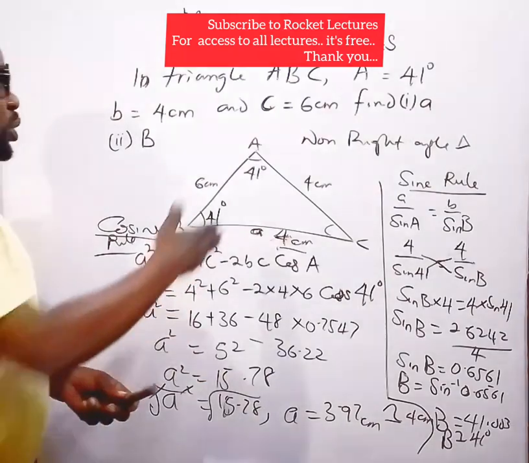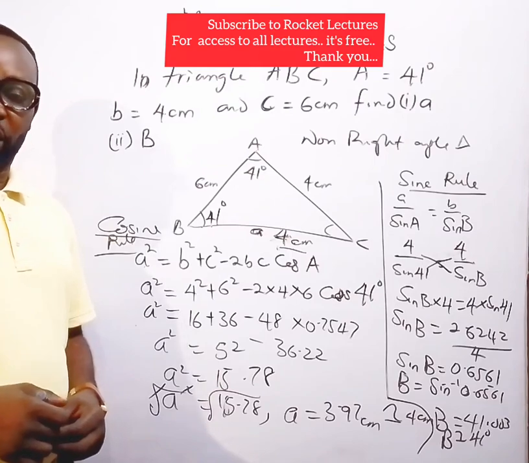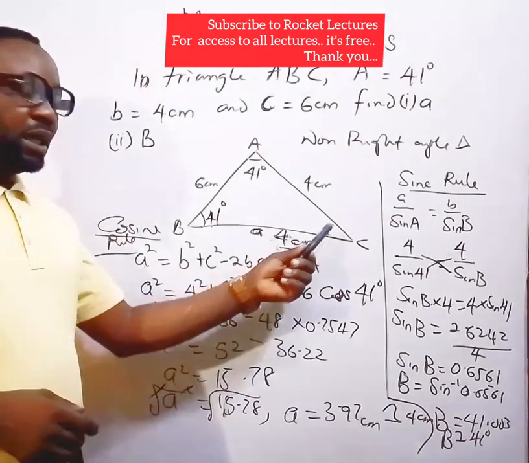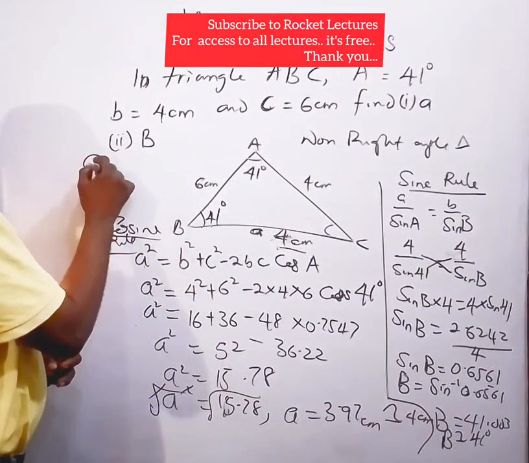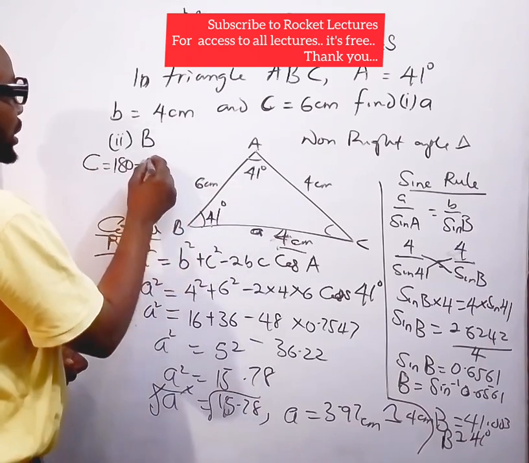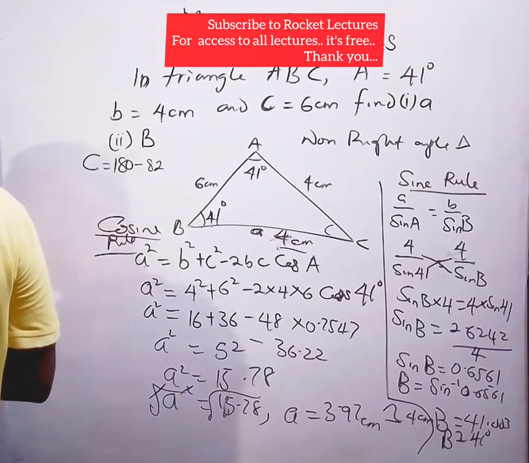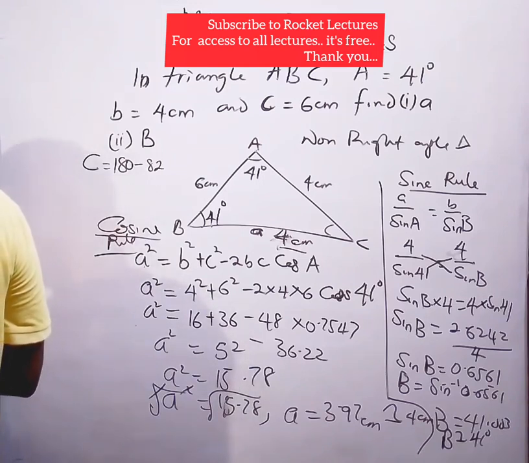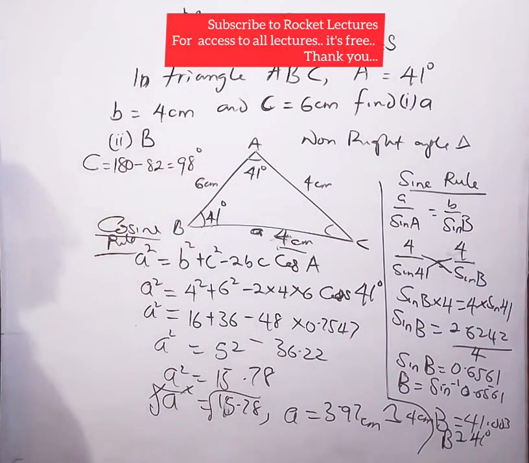Since we know that the sum of angles in this triangle is equal to 180 degrees, the value of C can be easily found by saying C will be equal to 180 minus 41 plus 41, that's 82. 180 minus 82 will be equal to 98 degrees.